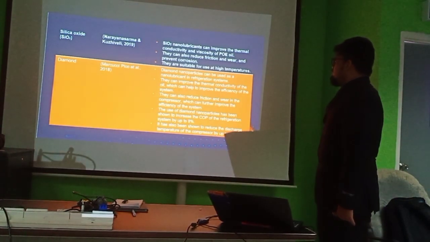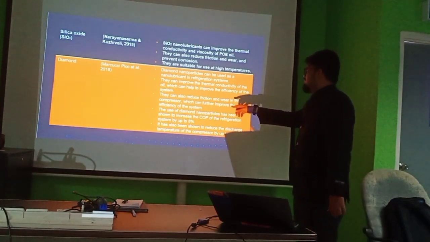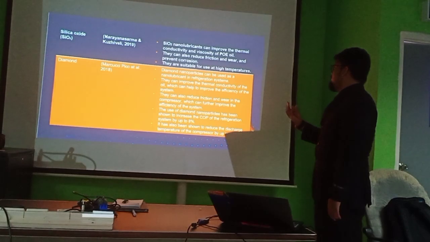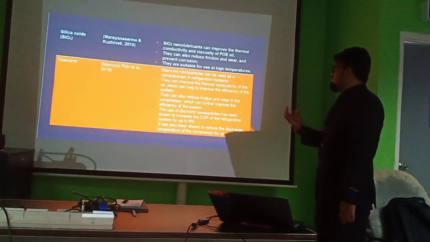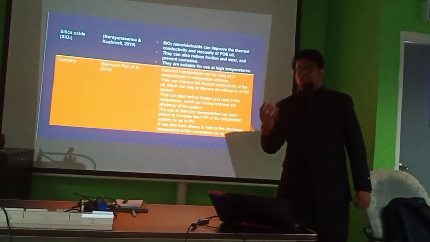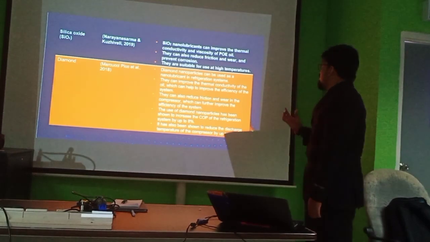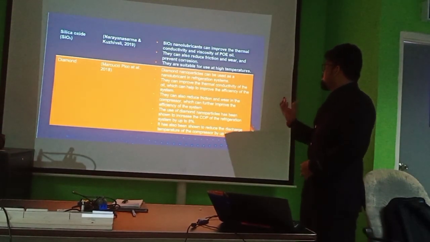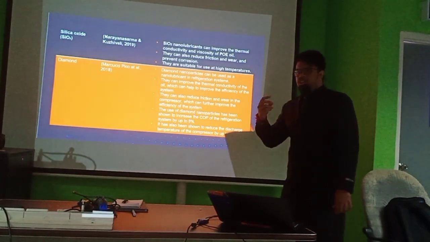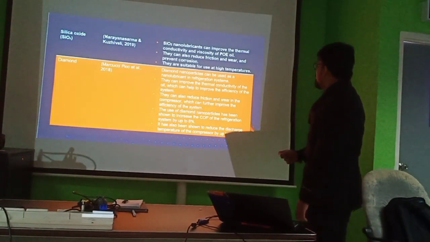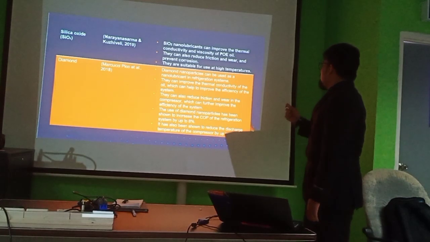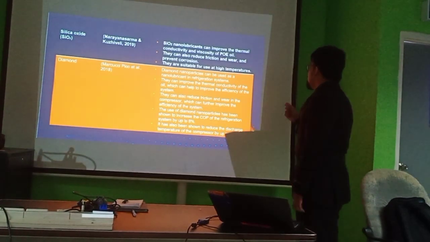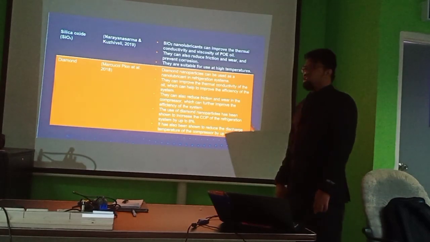Next, in this journal, they use diamond as their nanoparticle. Diamond also can be used as a nanoparticle. Why? Because nanoparticle can be used as nanolubricant in refrigeration system, which can improve the thermal conductivity of the oil. At the same time, it can help to improve the efficiency of the system.